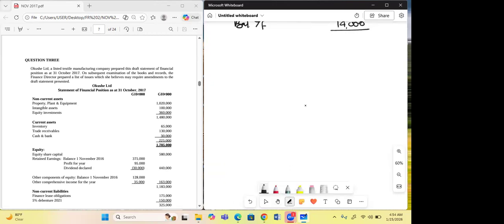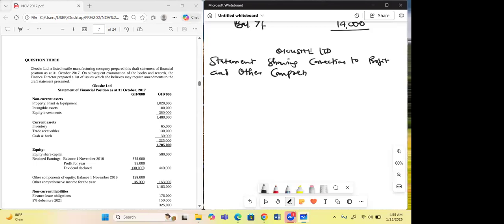So the statement will come here, and as usual, I will say, Okusho Limited statement showing corrections to profit and other comprehensive income for the year ended.